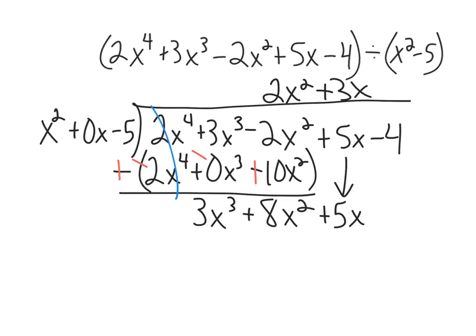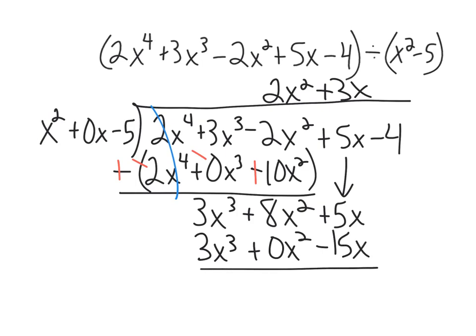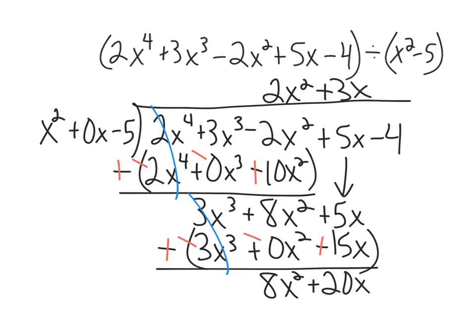If you distribute that, that would be 3x cubed plus 0x squared minus 15x. Notice we're dealing with 3 terms here instead of 2 when we're doing our subtraction part. So first terms should cancel out. And then we're going to have 8x squared plus 20x.